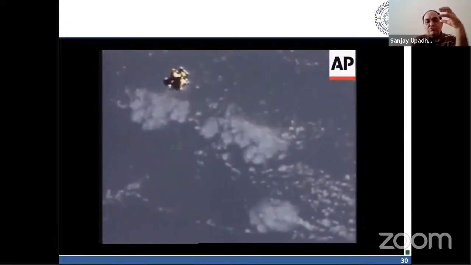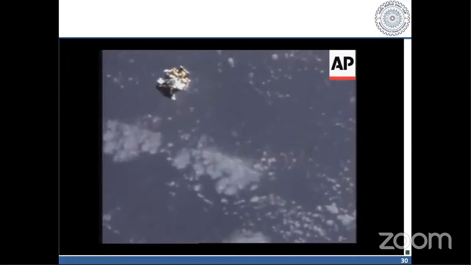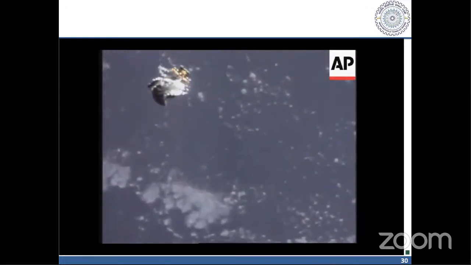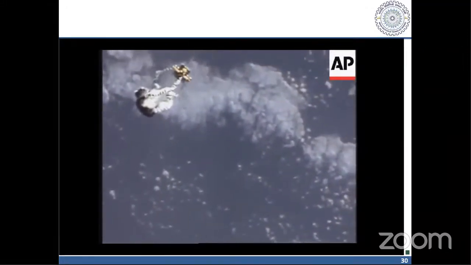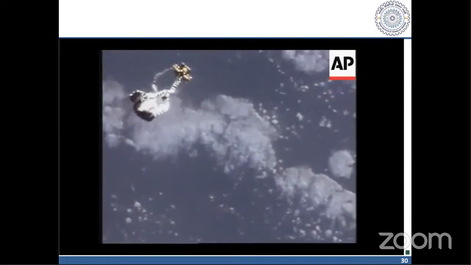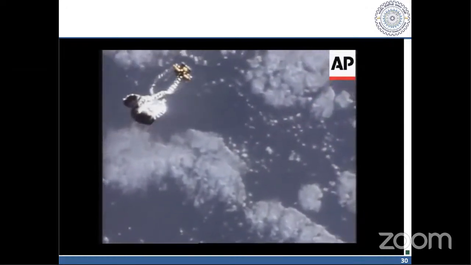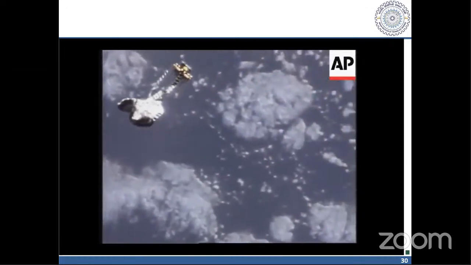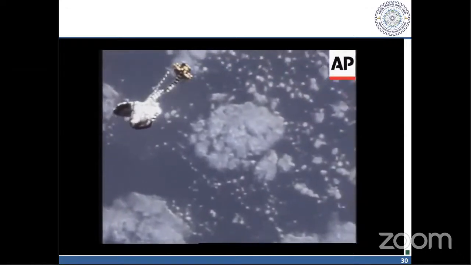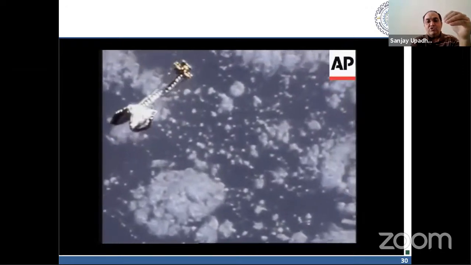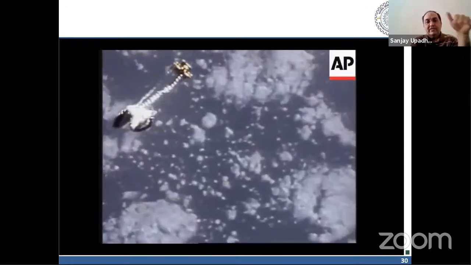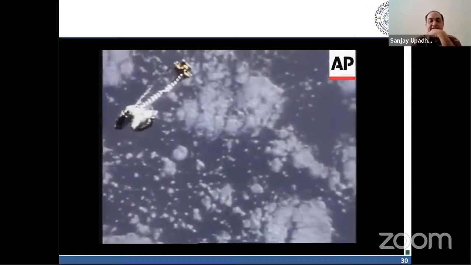Now you see how it will inflate. From the canister, the inflatable struts inflate first. So the inflatable struts are inflated, then it goes to the torus, and then finally the reflector will be inflated.